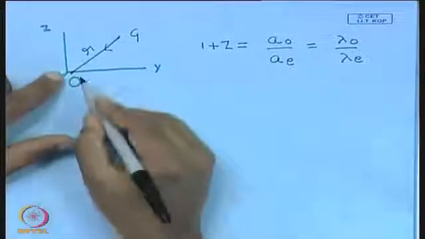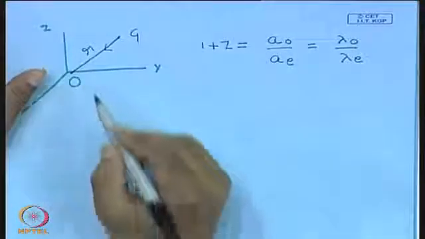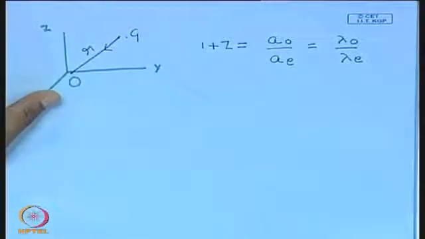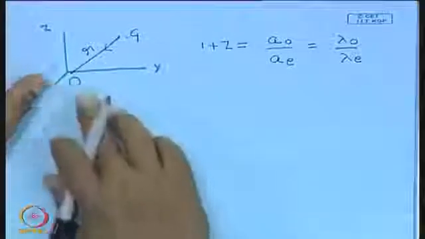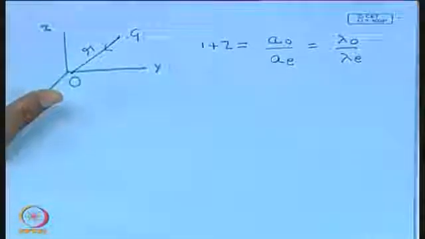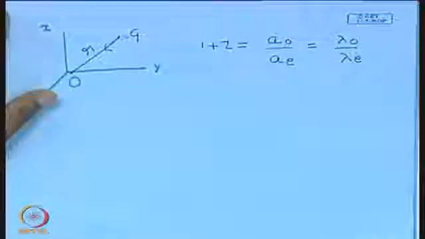Now, an observer sitting here will not be able to measure the distance to the galaxy. The quantity that he will measure is the redshift. This is something I have already told you, that the redshift is the quantity one can directly measure easily sitting on Earth.